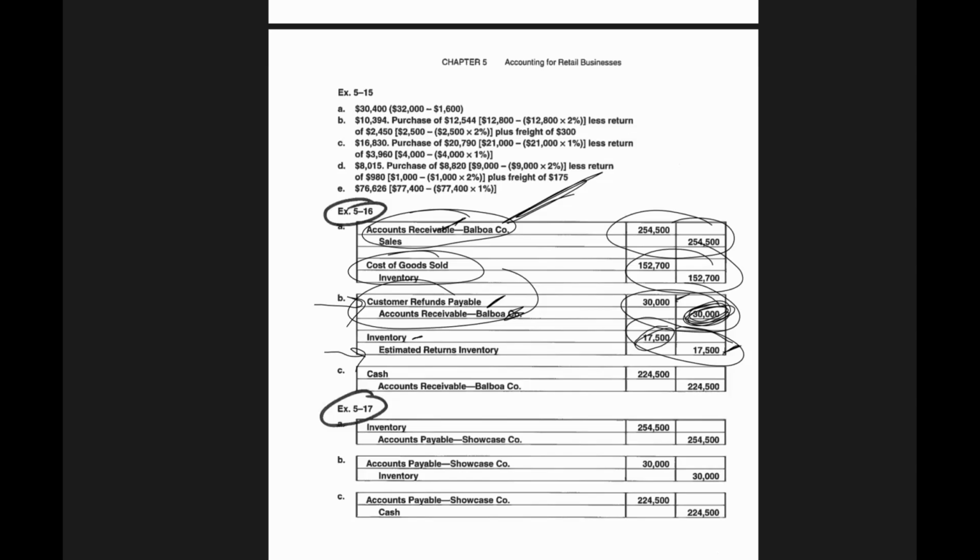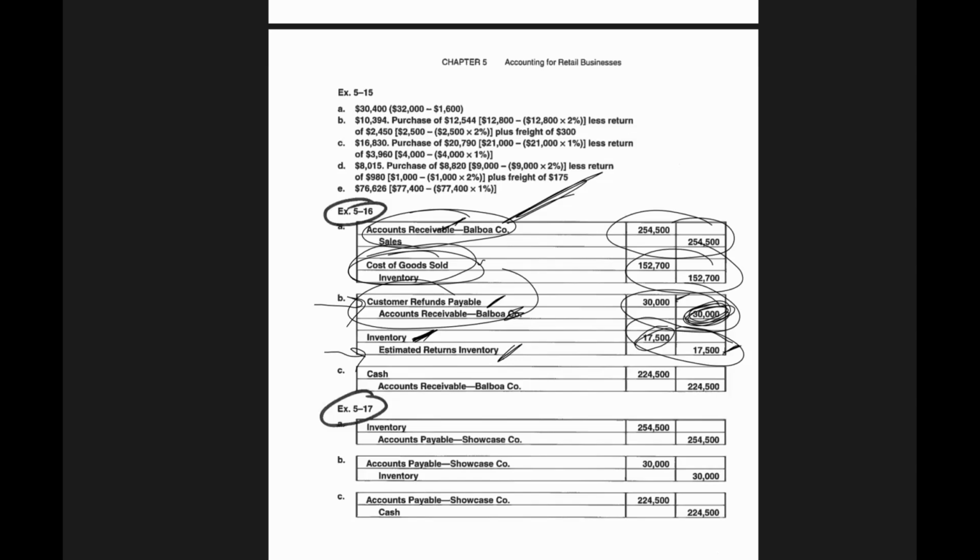Other companies would have probably debited sales. Some companies debit sales, others are using this debit called Customer Refunds Payable. Likewise here, we sold it, so we have to remove it out of inventory. In letter A, debit cost of goods sold, credit inventory. Here, we then debit the inventory, put it back, but other companies might have credited cost of goods sold instead.